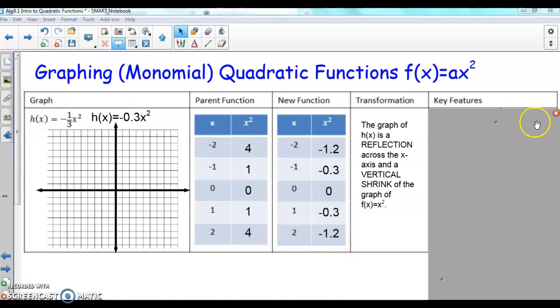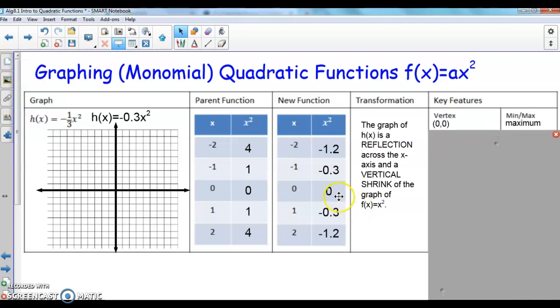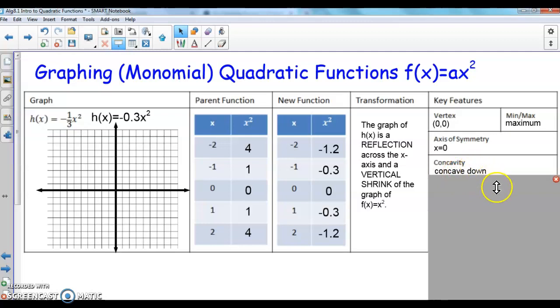Now let's look at the key features. Your vertex is again 0, 0, but since our graph is reflected across the x-axis, it's now opening downward. So that means your vertex is the highest point or the maximum, and we say that the graph is concave down. Now the axis of symmetry is x is equal to 0.